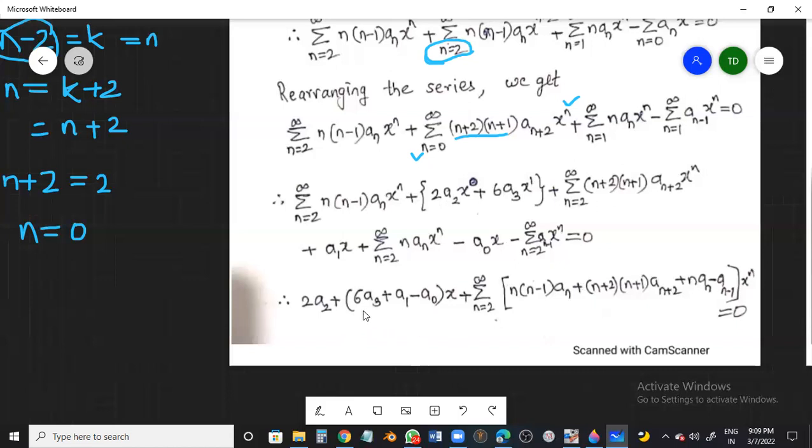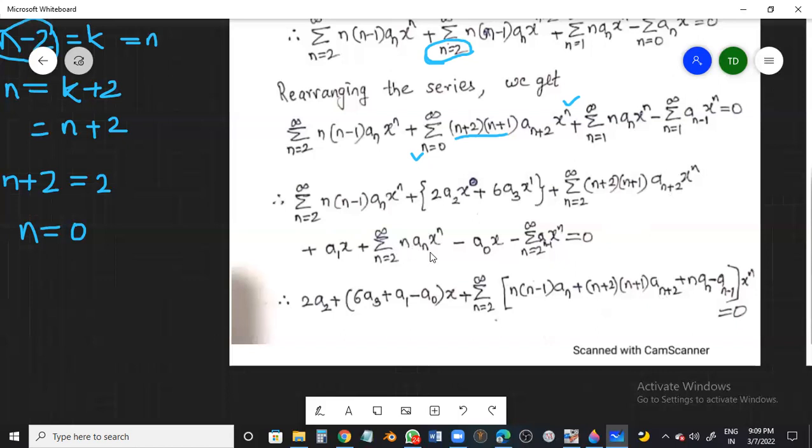So in bracket I got 6a3 plus a1 minus a0 times x. And now plus summation n equal to 2 to infinity. We are combining all the terms. So all coefficients of x raised to n are taken together. This is n into n minus 1 an. Then it is n plus 2 into n plus 1 an plus 2.